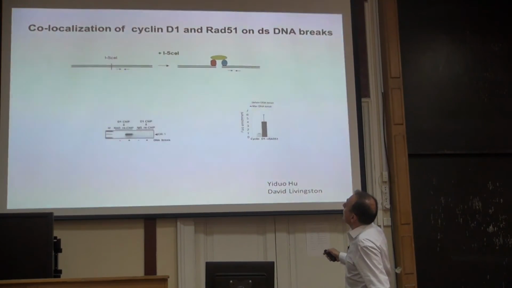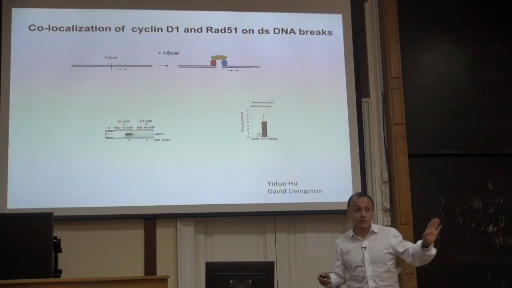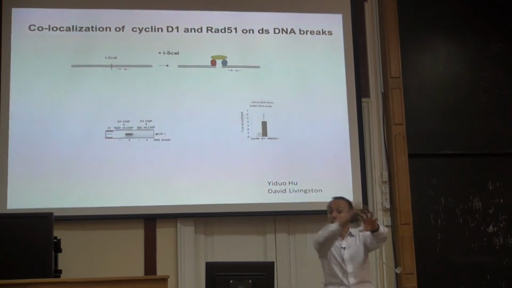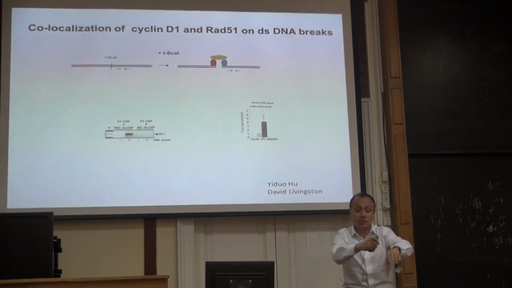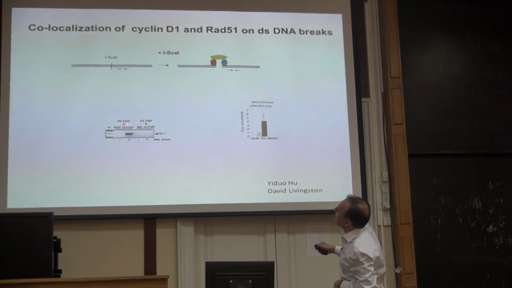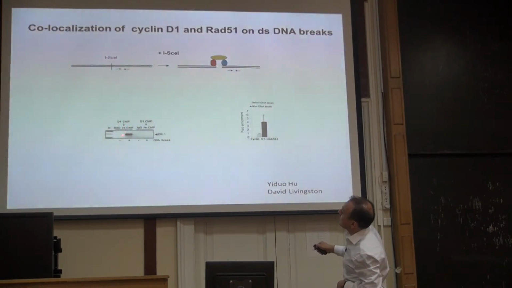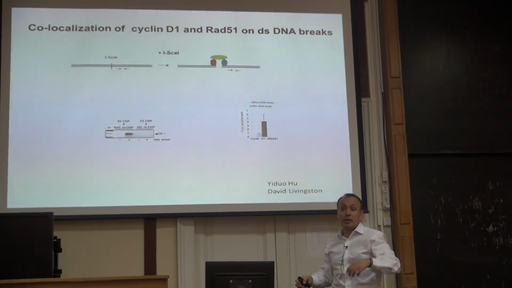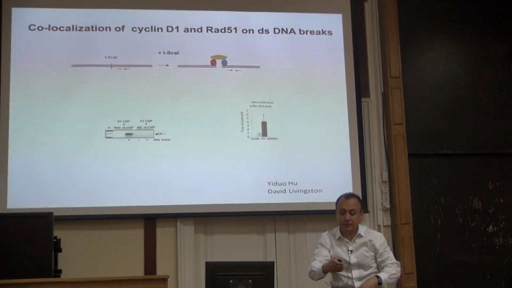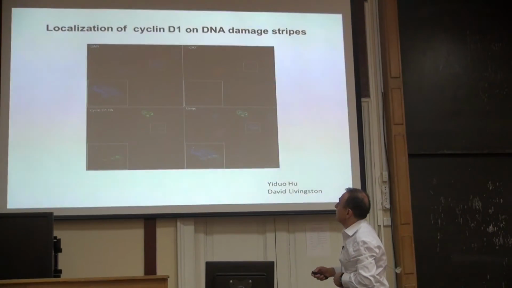Now we wanted to know whether, as we just discussed in the first lecture, cyclin D1 and RAD51 are co-recruited together, whether they are sitting together. So now we are immunoprecipitating cyclin D1, then re-immunoprecipitating RAD51 and doing PCR, and we see that they form a complex. So RAD51 and cyclin D1 are together brought to the DNA after the cutting.